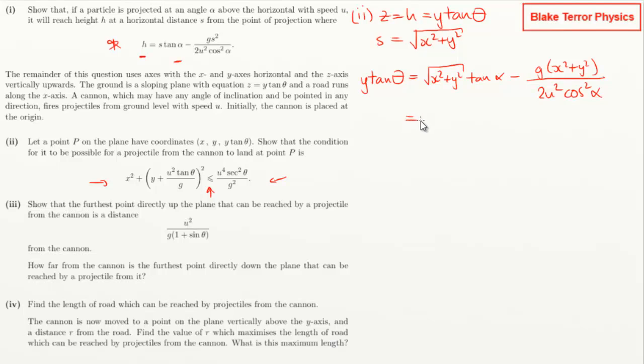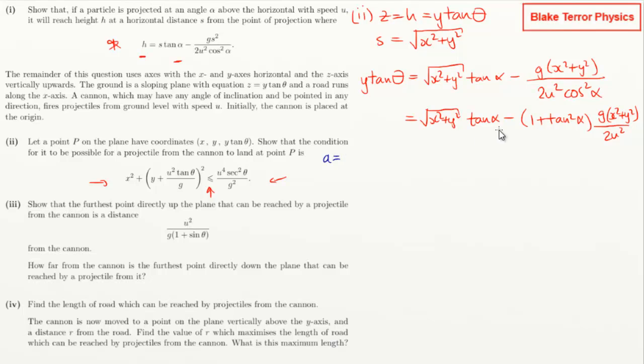So that means I've got the square root of x squared plus y squared times tan alpha minus 1 plus tan squared alpha, and then I'm left with a g and an x squared plus y squared and a 2u squared. Jeez. But I have got a quadratic in tan alpha. So let's see what my A, B, and C are going to be.